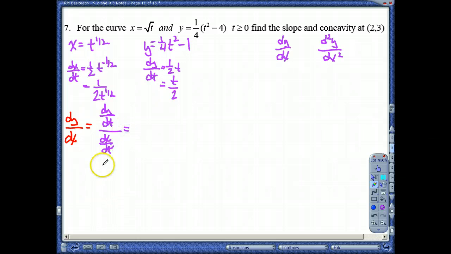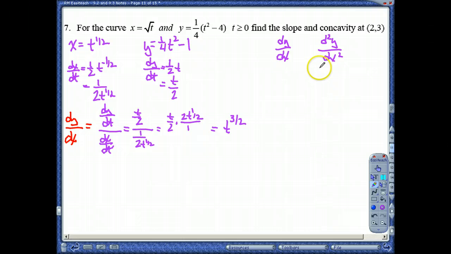That way it's going to become second nature to you. Your dy over dt was t over 2, divided by 1 over 2t to the 1/2 power. So when I flip and multiply, I get 2t to the 1/2 over 1. So those 2's are going to cancel, and I have t to the 3/2.